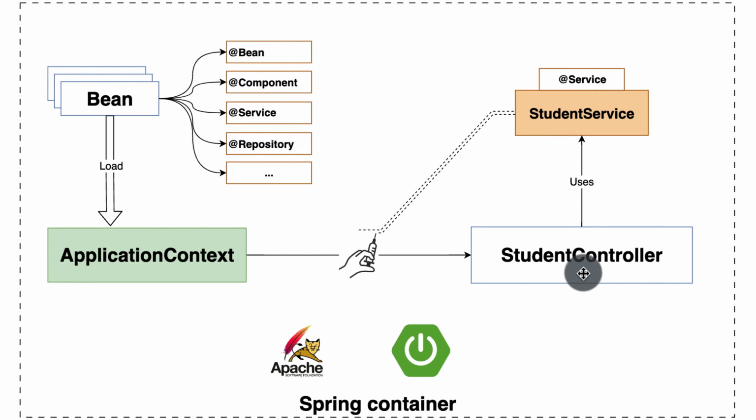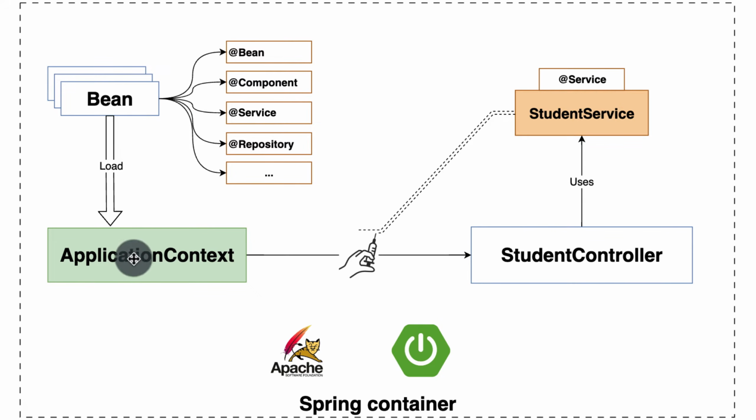So here we have our student controller. The application now is running and we want to use our student controller. And you know, the student controller uses this student service in order to fetch the list of students. And you remember that this student service has already this service annotation. So the student service now is considered a bean.